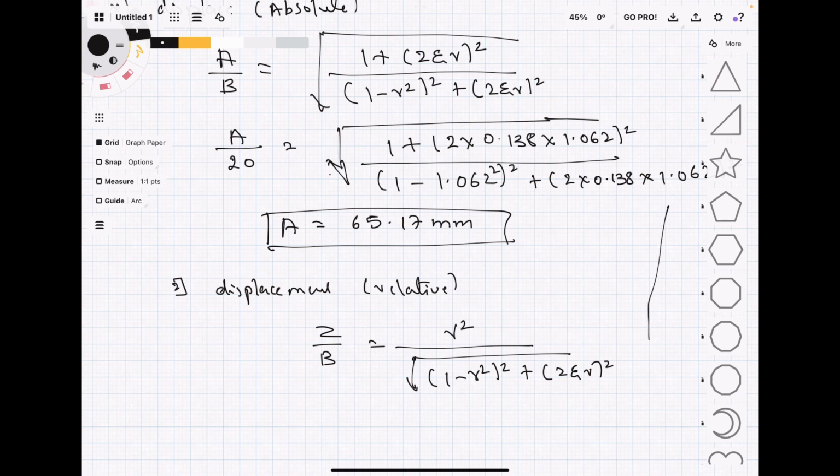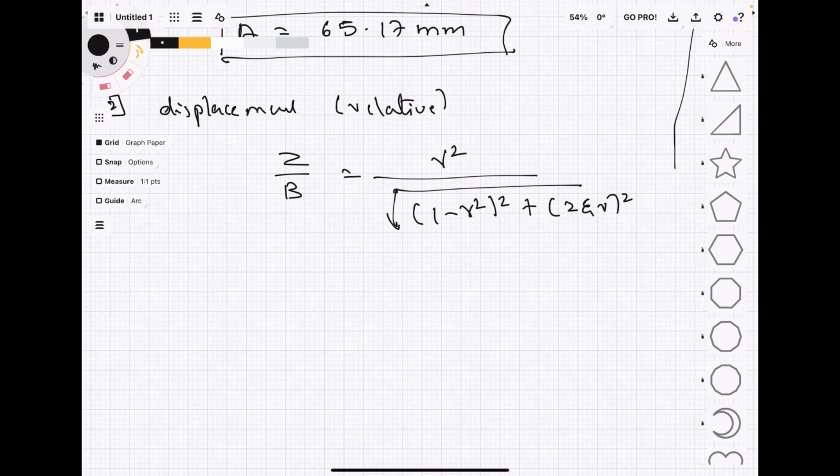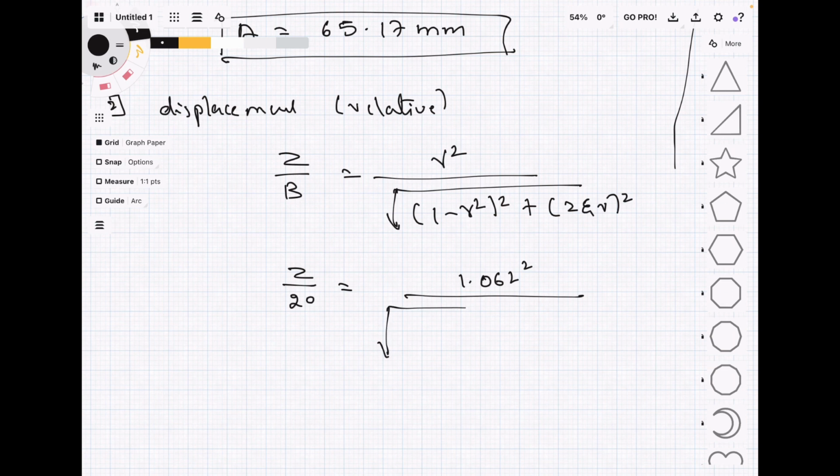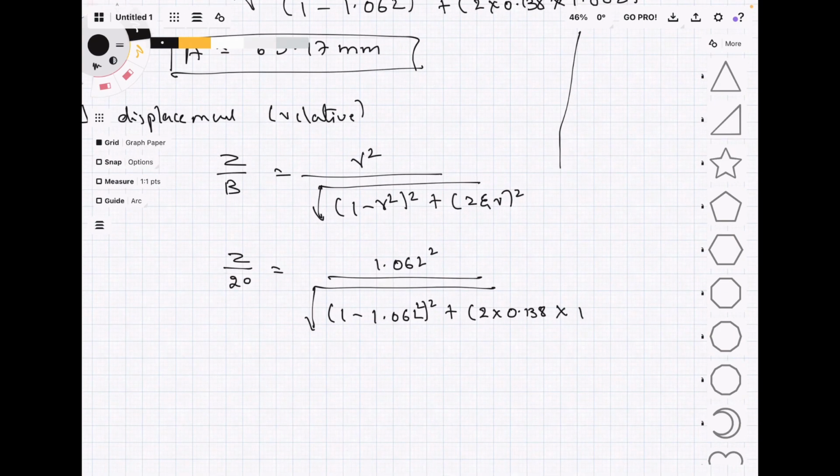So in this case, z upon 20 mm is equal to 1.062 square divided by the square root of (1 minus 1.062 square) the whole square plus (2 into 0.138 into 1.062) the whole square. So you'll be getting the z value as 70.54 mm.